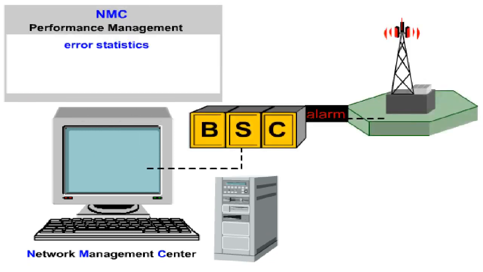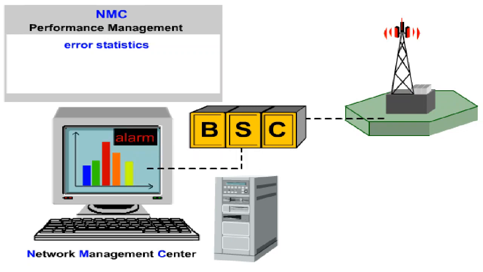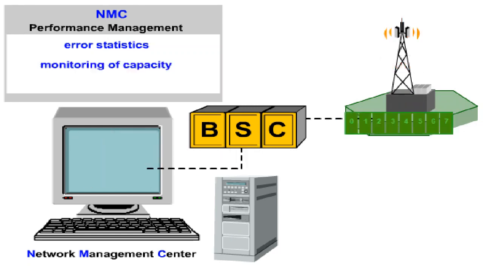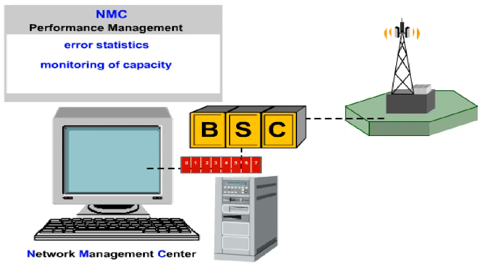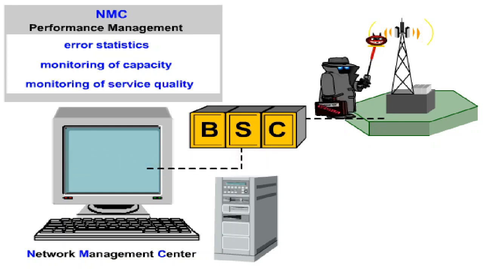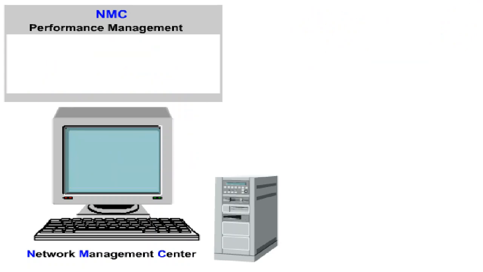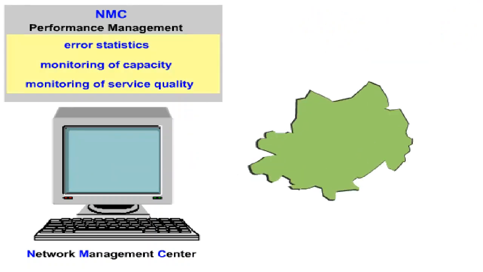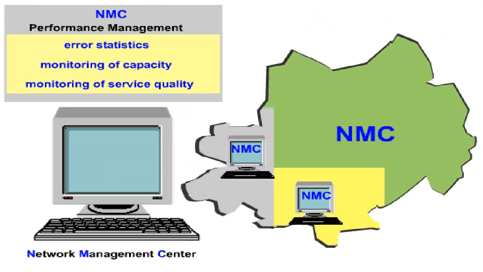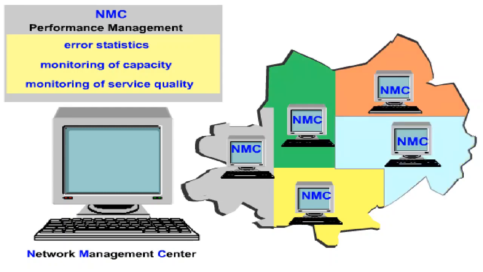Alarms and fault elimination times are evaluated statistically. Capacity bottlenecks in the network are detected, and the service quality is monitored, for example, the dropped call rate in %. Depending on the network operator, the NMC functions are carried out in a centralized or decentralized way in the geographical areas.